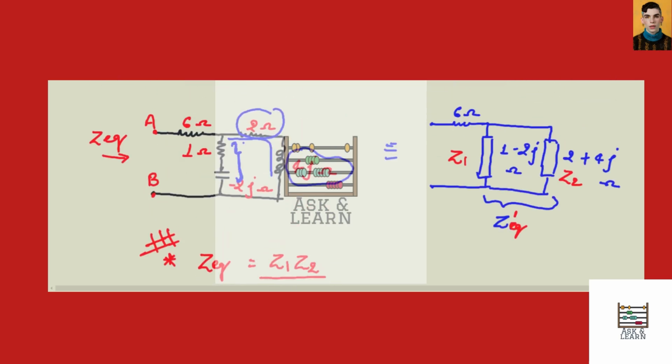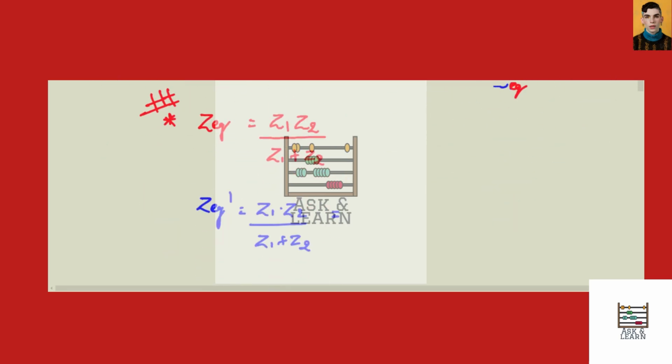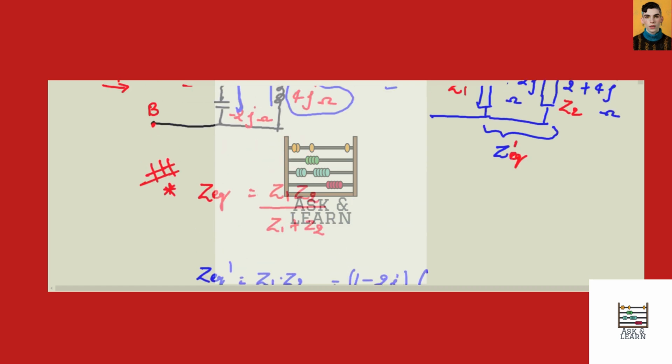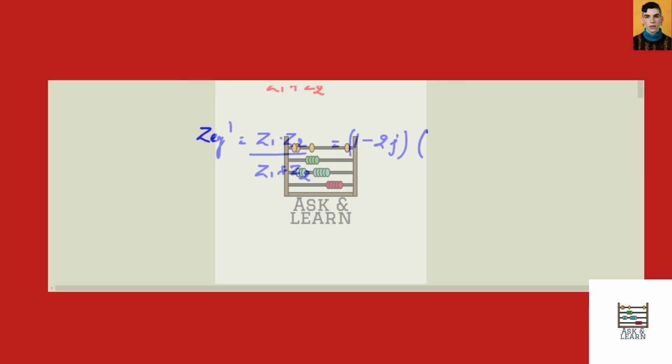Z1 is 1 minus 2J, so this will be 1 minus 2J multiplied with Z2, which is 2 plus 4J. And the denominator, after the summation of these two, will become 1 minus 2J plus 2 plus 4J, right? If we simplify it, just multiply both of them and add these two.